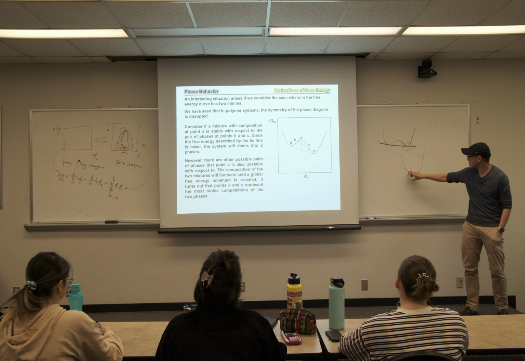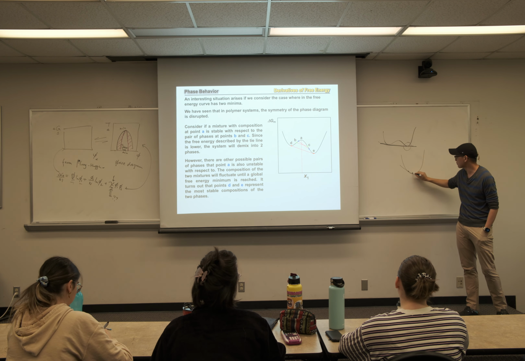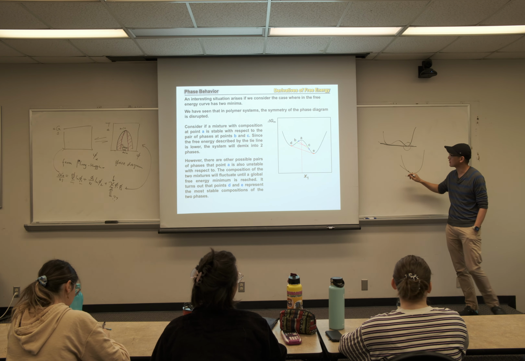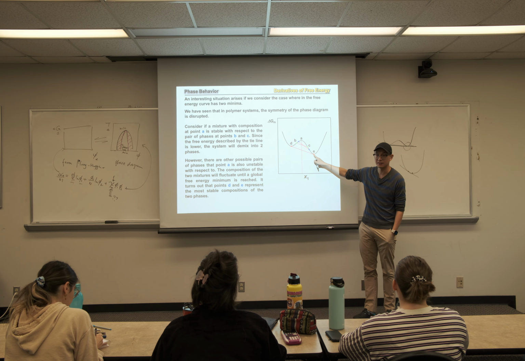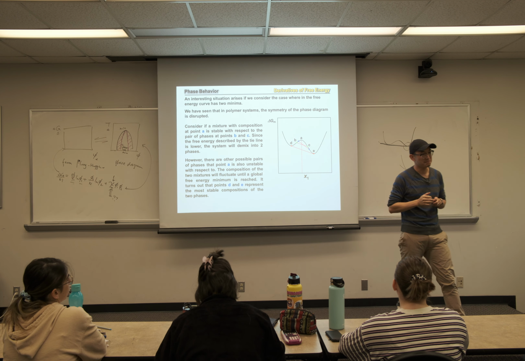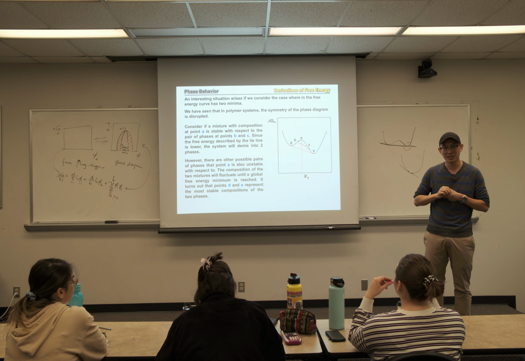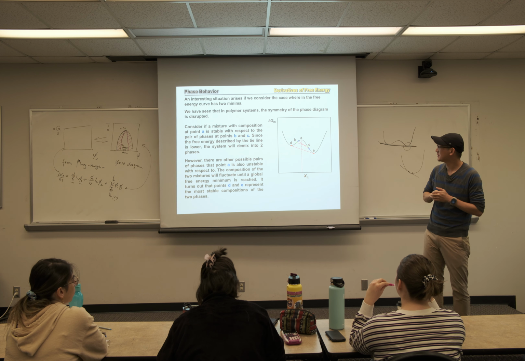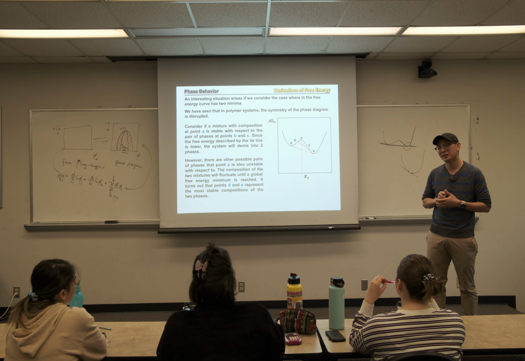But this error is very small, so you more or less can assume it will be very close to the lowest point here. Okay? But it should be slightly smaller than here. So this will be the lowest system. So these two points will be the absolutely lowest system.